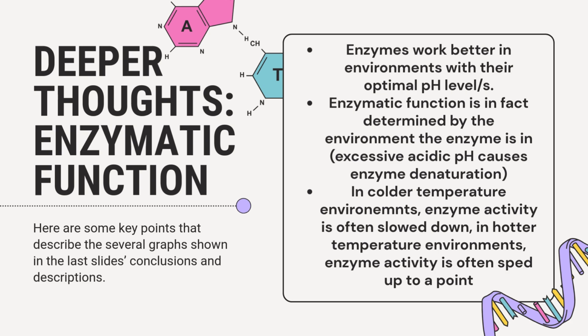In colder temperature environments, enzyme activity is often slowed down, and in hotter temperature environments, enzyme activity is often sped up to a point where it depends on either the amount of substrate available to attach to the enzyme's active site, or the amount of enzymes there are to speed up the chemical reaction. And if it's an extremely hot temperature, that can also cause enzyme denaturation because it might be a lot further away from an enzyme's optimal temperature.